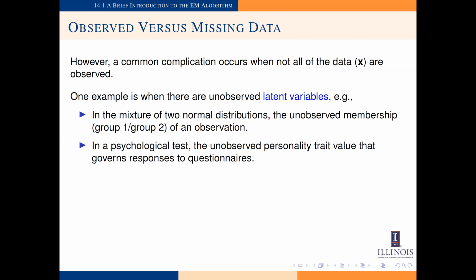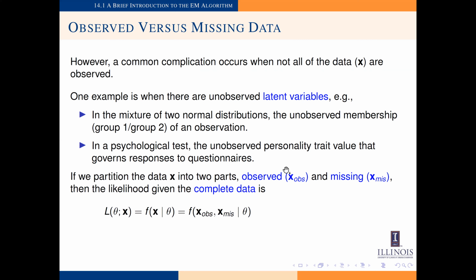However, it governs the person's responses to all questions inside that questionnaire. In this case, we have the data where part of this is observed, such as people's responses to questionnaires, or such as the x values that we observe from the mixture normal, and part of the data that is missing, such as people's latent membership or their latent trait on some personality.